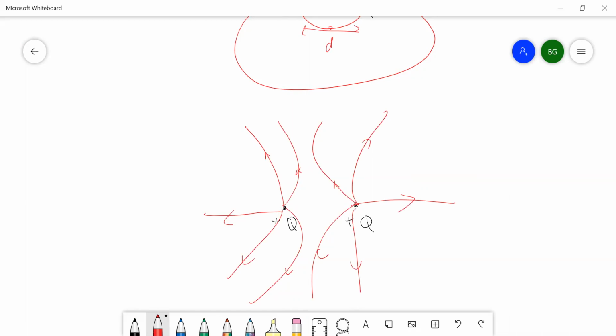Something like that. And also this is not a sphere.